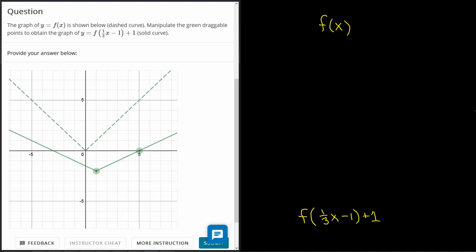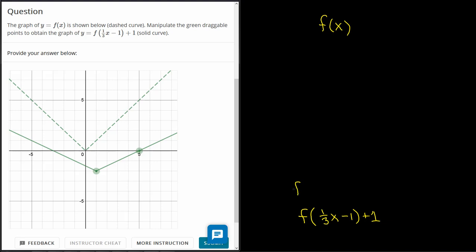Whenever there's a number in front of the x, I think the easiest thing to do is to factor that number out. You can't factor it out of the function, because functions don't work that way, but you can factor it as much as possible.